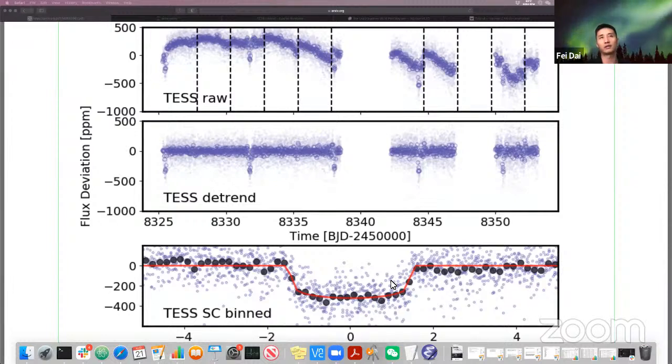This is because there can be a lot of systematic effects, or the stellar variability can change on longer time scales. So we want to remove those as much as possible. The way we do it is to normalize the flux level by some mean or median. So you subtract away a constant value, then the flux can be negative.